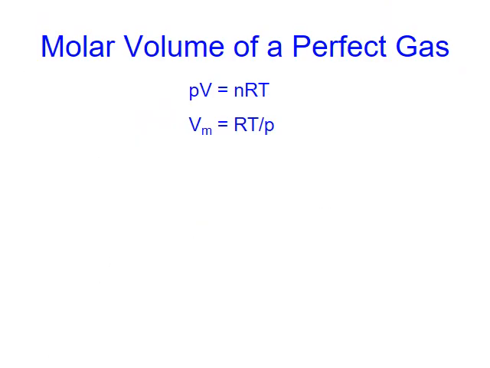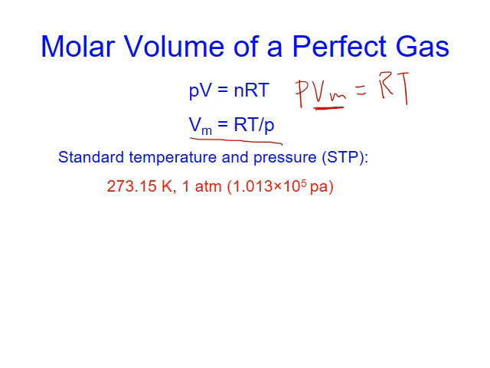Since the ideal gas law can also be written as PV_m equals RT, we can calculate molar volume by RT divided by P. For example, in the last slide, we showed that the standard temperature and pressure refers to 273.15 Kelvin and pressure 1 atmosphere.